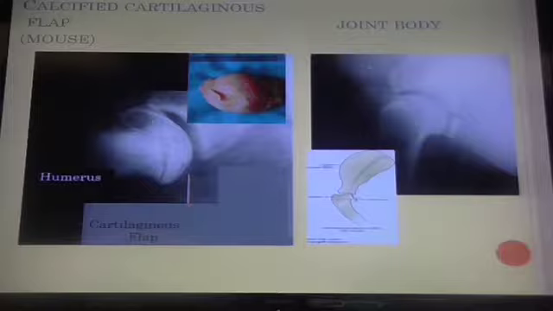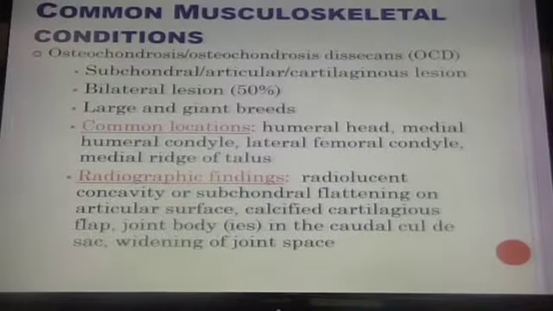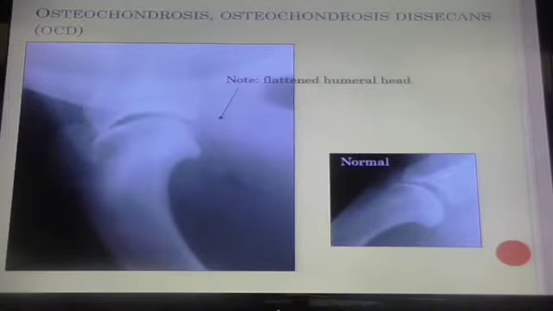So we're talking about OCD now, we got a test on Monday, and OCD for us was osteochondritis. Correct. Okay, so osteochondrosis, osteochondritis, osteochondrosis dissecans, they are all used interchangeably. There are two schools of thought.